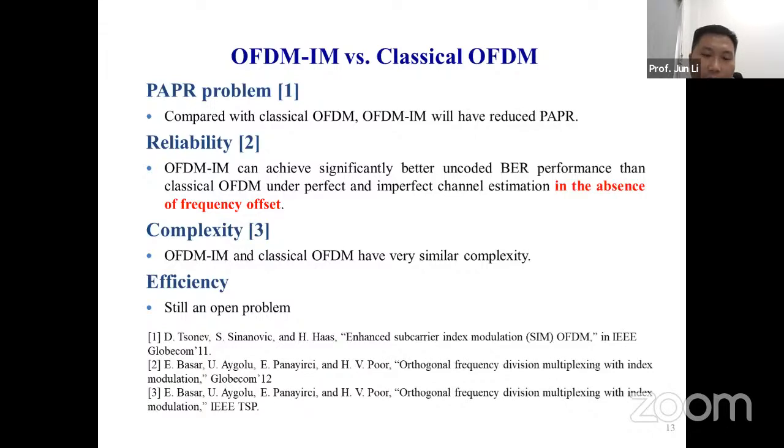Many people have published papers to improve the spectral efficiency of OFDM IM, but nowadays it is very hard to approach the same spectral efficiency as the OFDM, though with only a smaller gap.